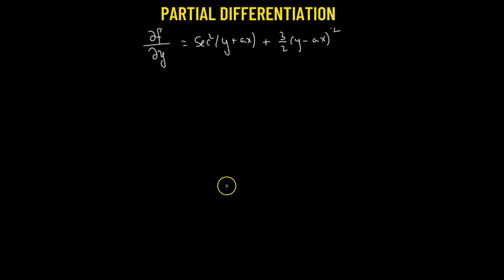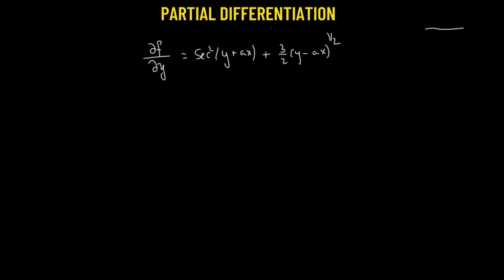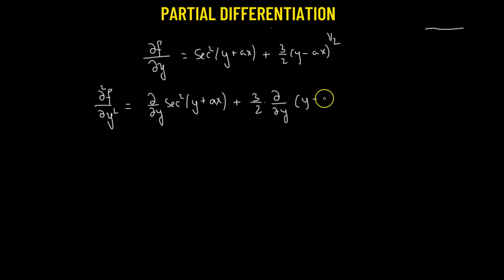Now what we'll do, again we'll take the partial derivative on both sides with respect to y, which is going to give us the second partial derivative of f with respect to y, and this will be equal to the partial with respect to y of secant squared of y plus ax plus 3 over 2 times the partial with respect to y of y minus ax whole raised to the power of half.